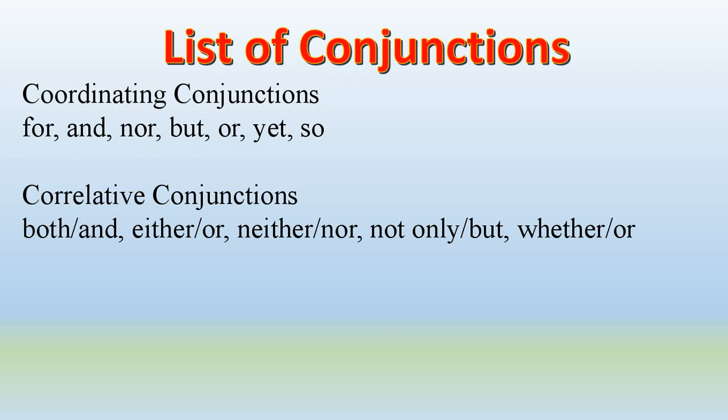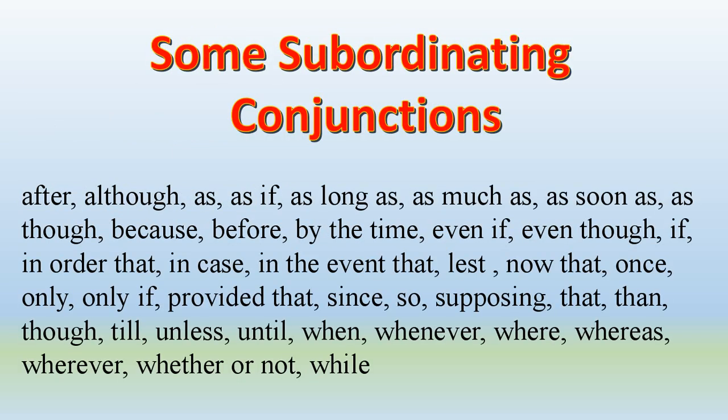So, here is a list of some conjunctions: coordinating conjunctions, FANBOYS, correlative conjunctions, paired conjunctions, and some of the subordinating conjunctions which are used to join or connect independent and dependent clauses.